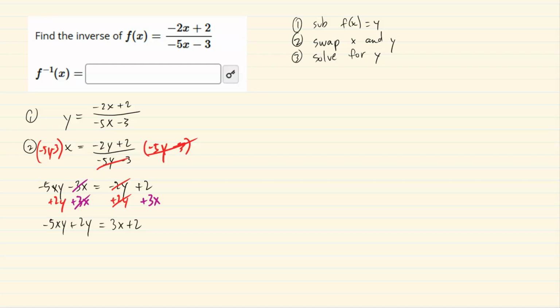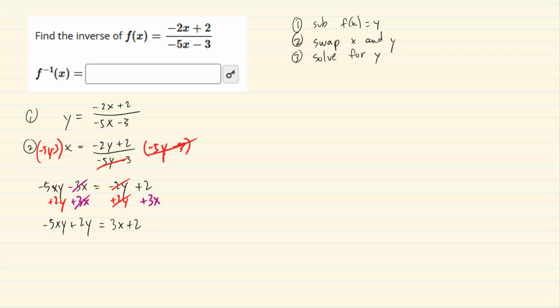First off, you have to know to get to this step, but now you have to know what to do once you get to this step. The trick is to factor out that y from the two terms on the left side of the equation. Notice they have a common term, and the only common term we want to factor out is that y. If there's more things that you could factor out, ignore it.